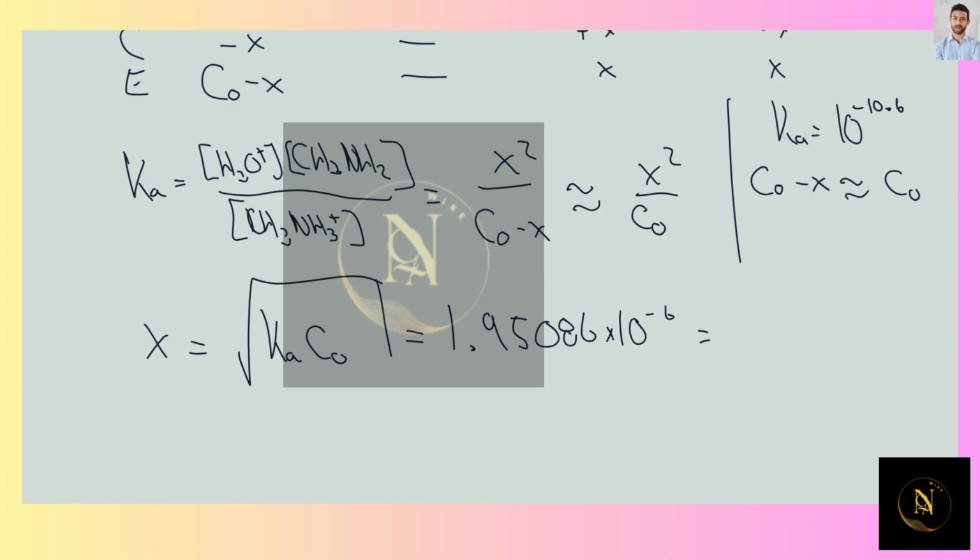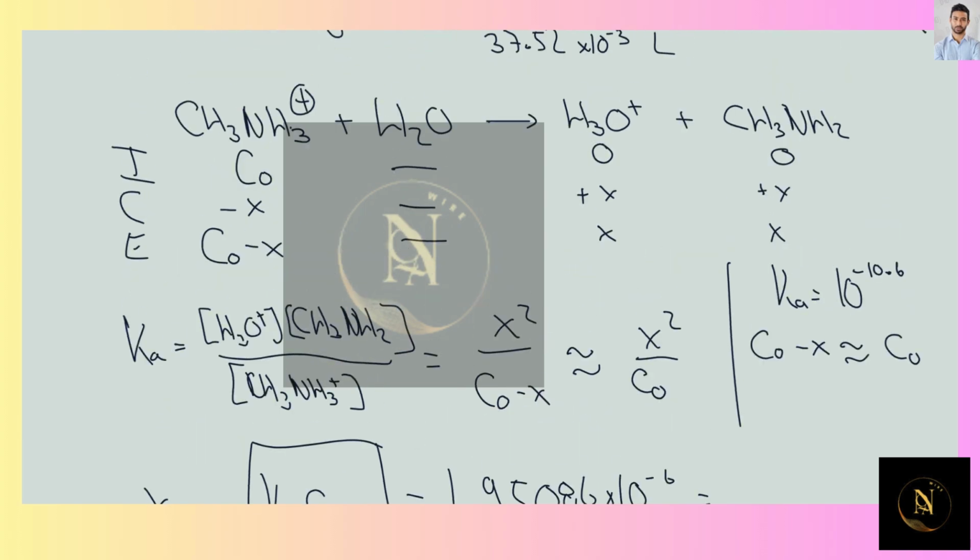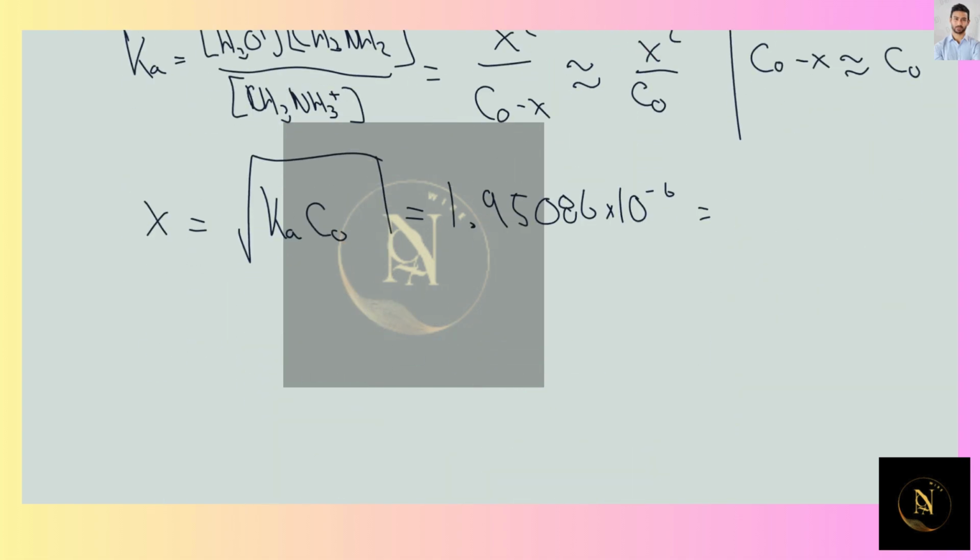If we compare it to our ice table, this x is the equilibrium concentration of H3O+. Thus, the pH, which is minus the logarithm of the concentration of H3O+, becomes minus the logarithm of this value of x that we just got.